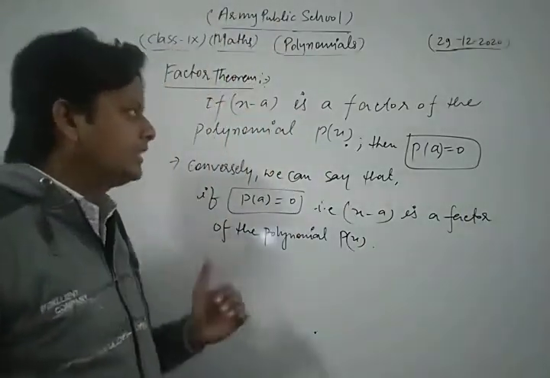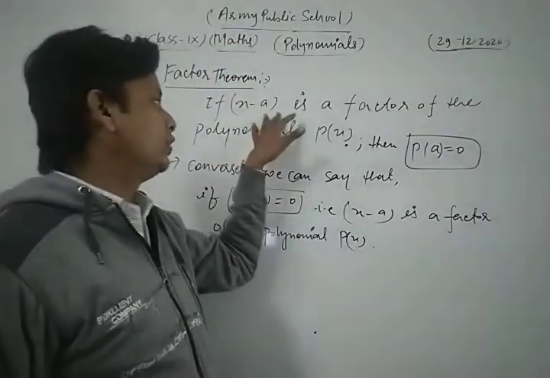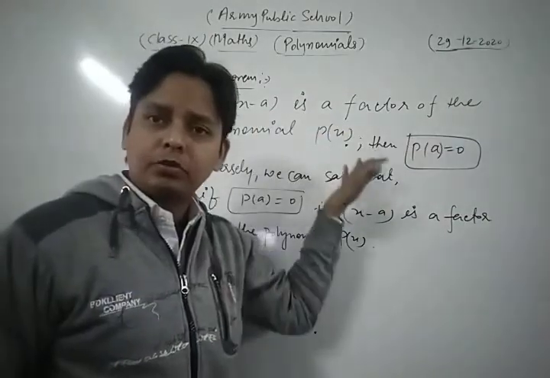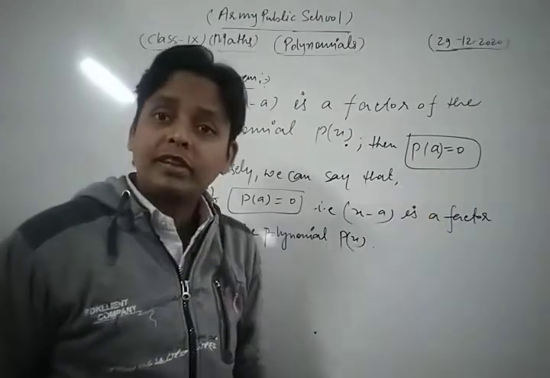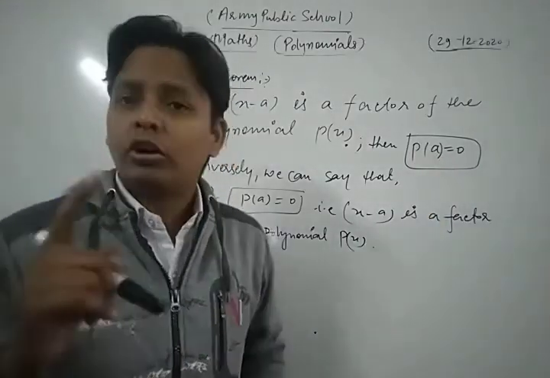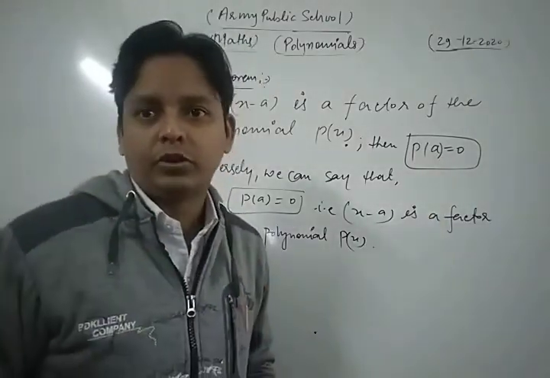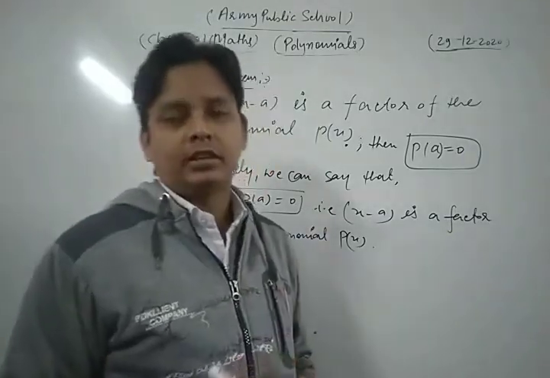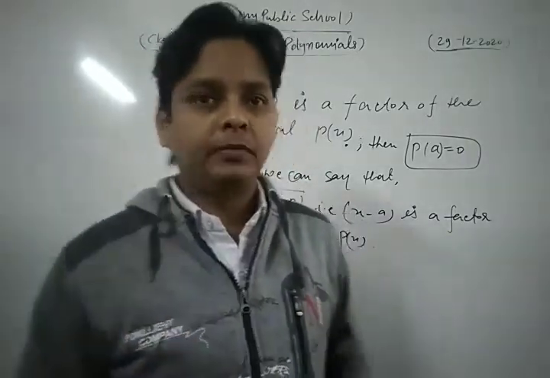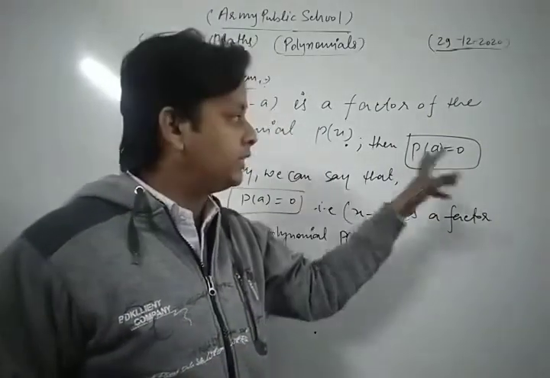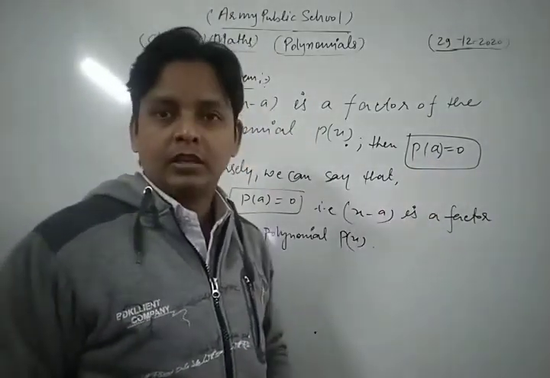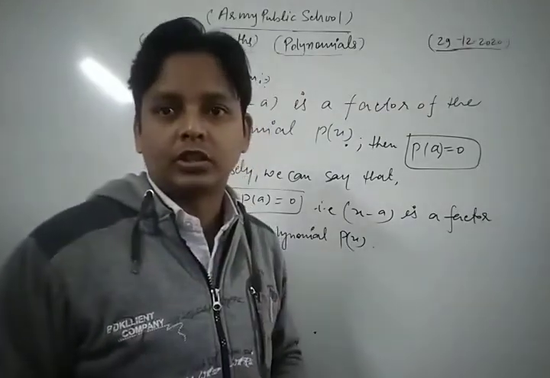In other words, x minus a is a factor of the given polynomial if and only if p of a is equal to 0. And p of a is the remainder of the given polynomial, because in the previous class we discussed the remainder theorem. So p of a is the remainder, and in the factor theorem the remainder must be equal to 0. This is the concept of the factor theorem.